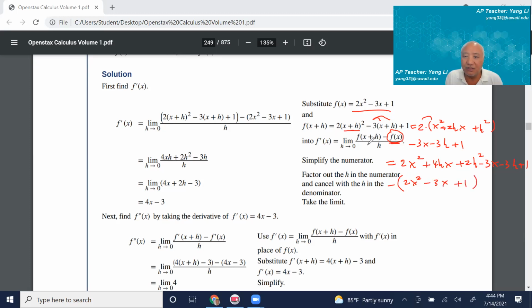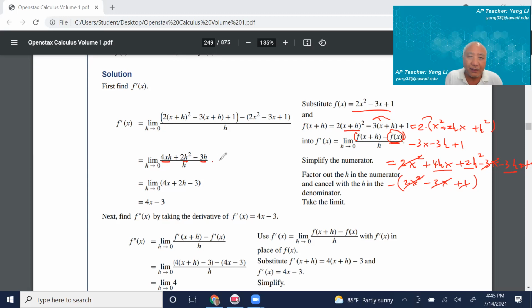If you do the subtraction on the top, this one's going to cancel, this one's going to cancel, this one's going to cancel. So you have 4hx plus 2h squared minus 3h. That's why they got this one. I showed you the detailed steps, so when you listen to the lesson, you can see in detail how each step moves on.